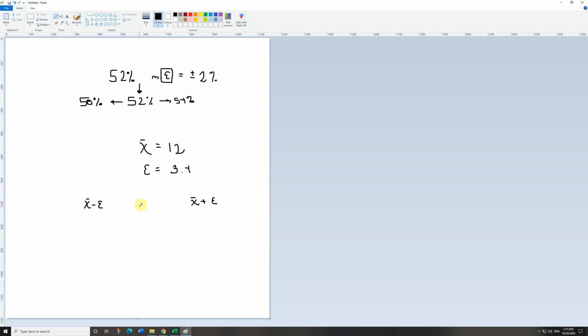And that will be the interval that we hope, that we're confident will contain the population mean. So I do 12 minus 3.4, which would be 8.6, and 12 plus 3.4 would be 15.4, and they would ask you to write out the interval, and so you would write it like that.